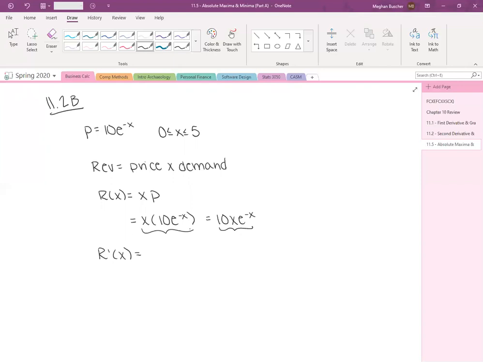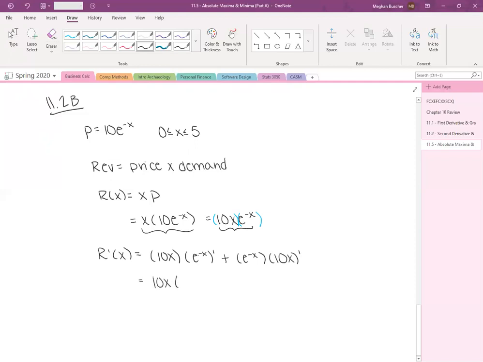The other one with a P. Product? Product rule, exactly. So our first term is 10x, and our second term is e to the negative x. So we're going to have first times derivative of the second plus the second times the derivative of the first.